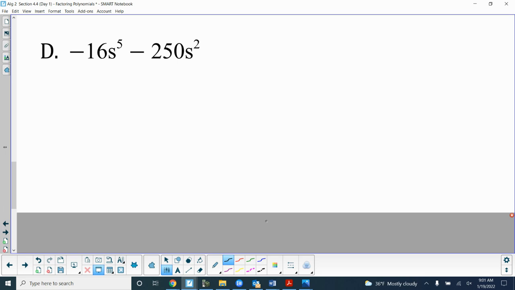It's negative? Wait, why? Since they're both negative, I take a negative out with your GCF. 8s cubed, right.